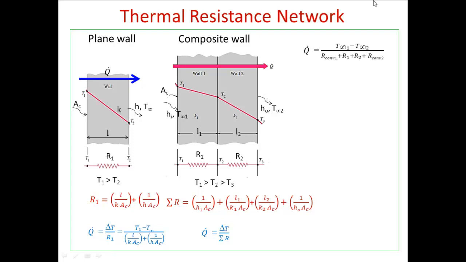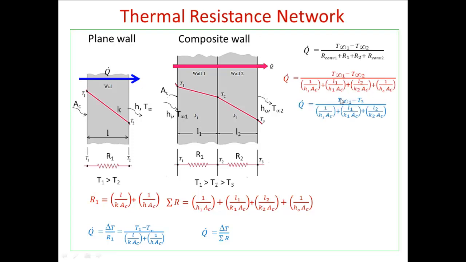If you consider the temperatures T infinity 1 and T infinity 2, the two extreme temperatures, then all the resistances have to be considered: convective resistance 1, convective resistance 2, conductive resistance 1, conductive resistance 2. After determining this, if you want to determine the intermediate temperatures, let us say T1, T2 or T3, then let us say I want to calculate T3.